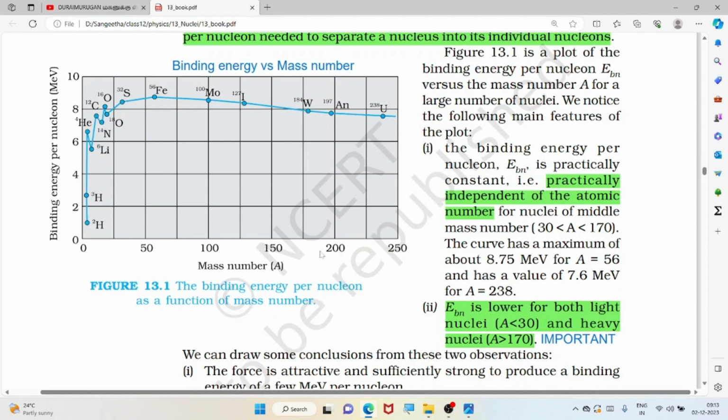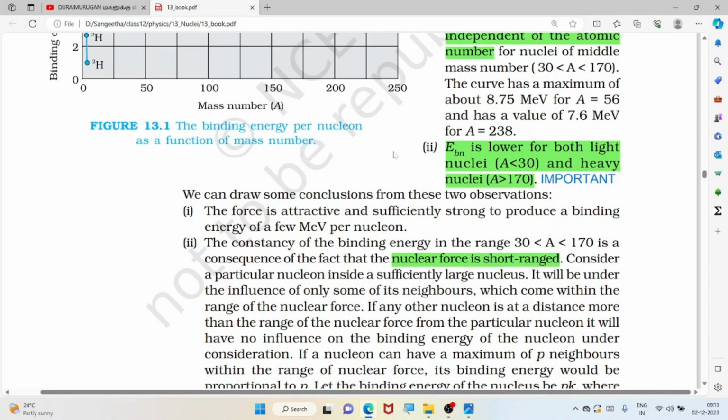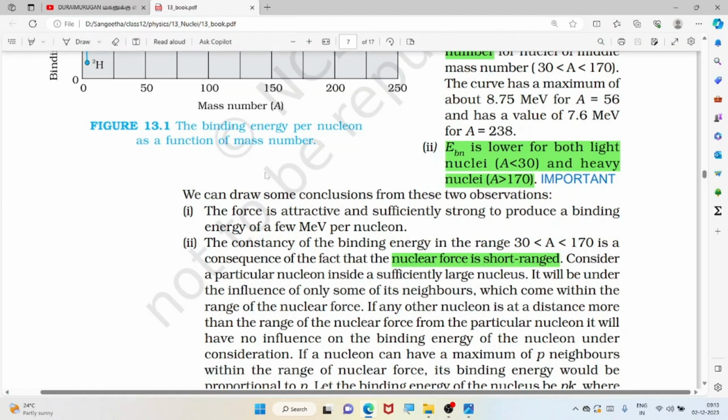Similarly, for A greater than 170 the binding energy is also less, but in between it is almost constant, 8 mega electron volts. These are light nuclei, atomic mass number less than 30, and heavy nuclei, greater than 170.